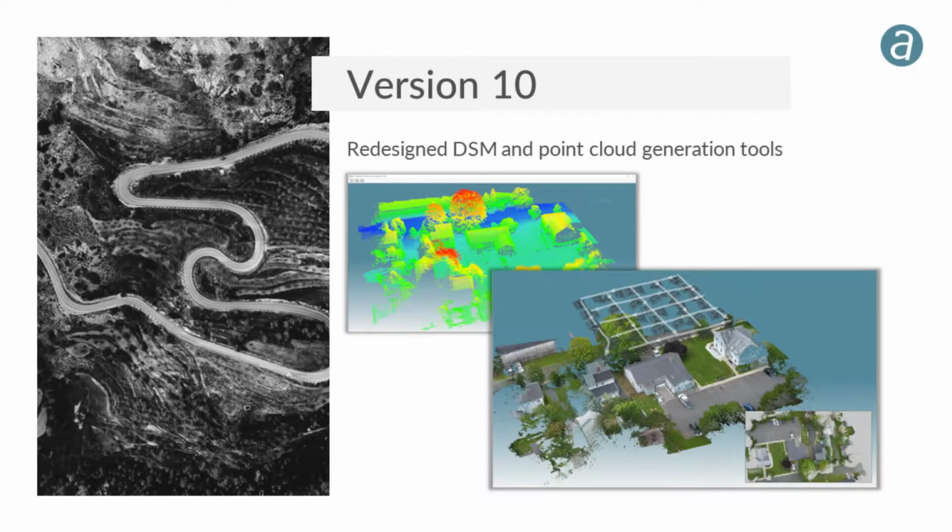We now have distributed processing, so we're doing some things in the internals of the DSM generation that's producing, as you can see in the slide, very nice DSM surfaces and point clouds. You're starting to see the point clouds hold edges much better. And we've also natively added colorization to the point clouds. Those are just a couple of the things we're talking about for version 10.